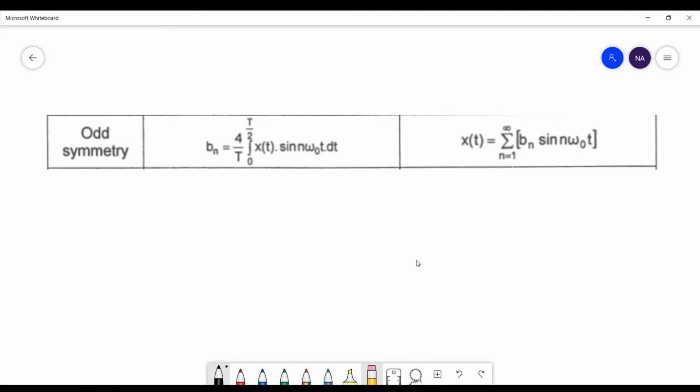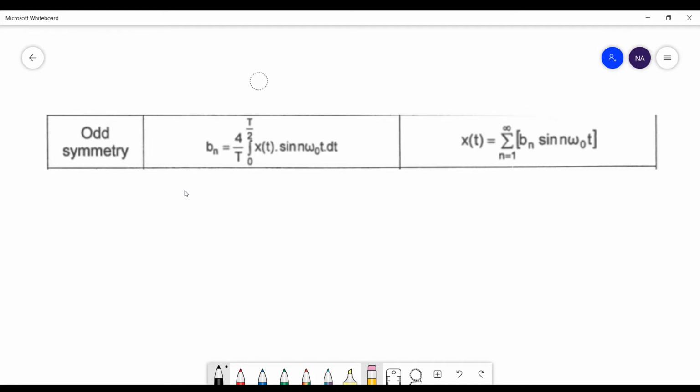So after you are done testing the symmetry, refer to the Fourier series symmetry table. You can find that for the odd symmetry, you need to calculate only Bn. As you know previously, basically Fourier series has 3 coefficients you need to calculate, which are A0, An, and Bn. But if the signal is odd symmetry, there are no elements of An and A0.